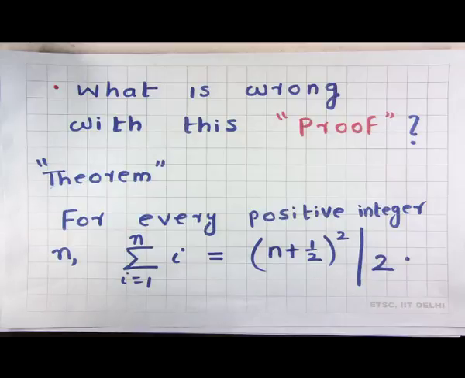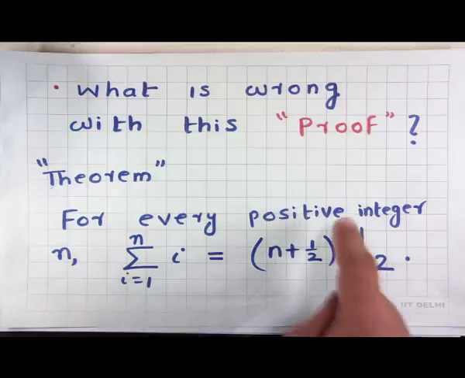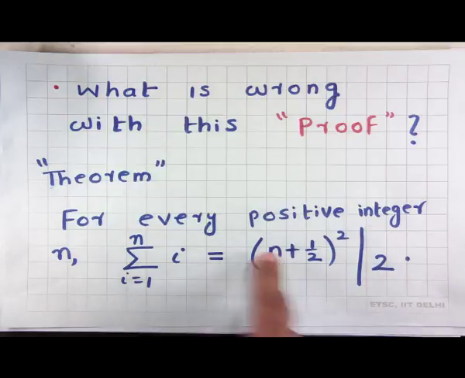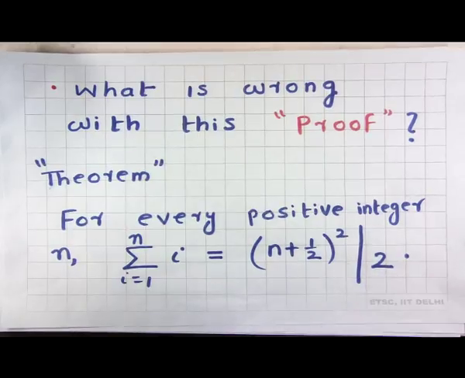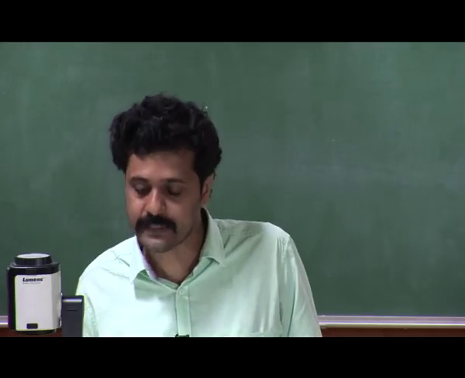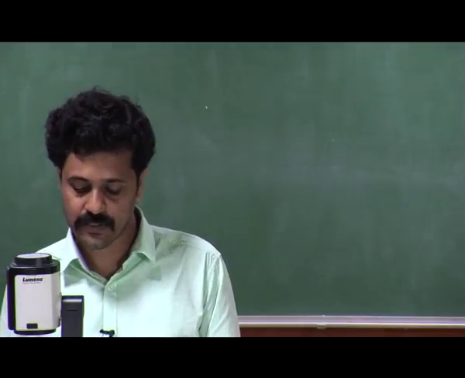There is no sum, there is only one number. So, the left hand side is 1. And on the right hand side, I have to prove that it is (1 plus half) the whole square by 2. But that is not 1. So, I cannot say 1 is equal to (1 plus half) the whole square by 2. Hence, though it looks very innocent, you have to verify it and convince yourself that it is true. So, that is what this illustration shows.